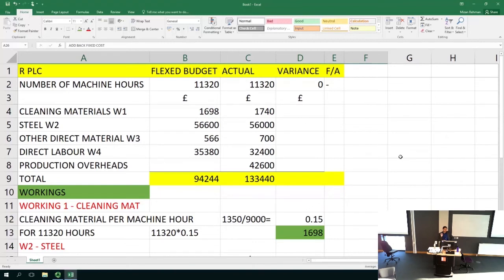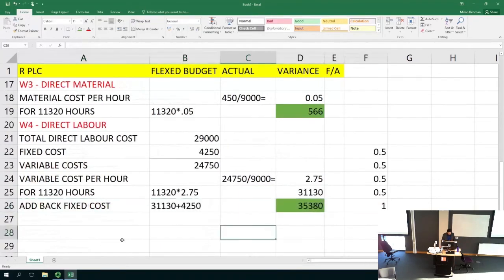So we will pick 3,000 and 7,000 as our high and low activity, and we are going to work this out. So let's work out our variable cost per unit first.